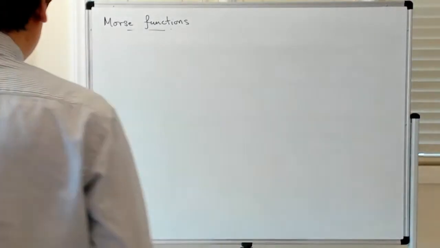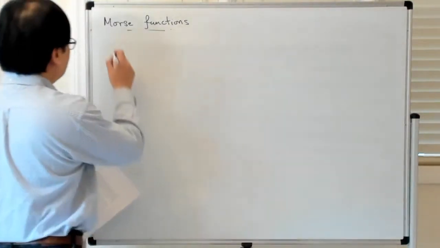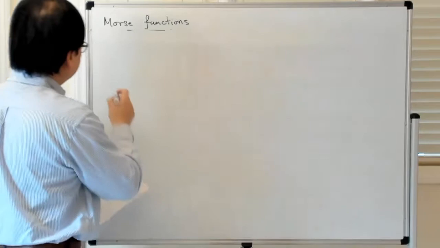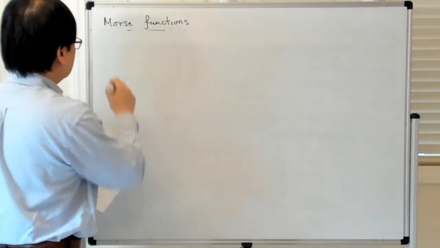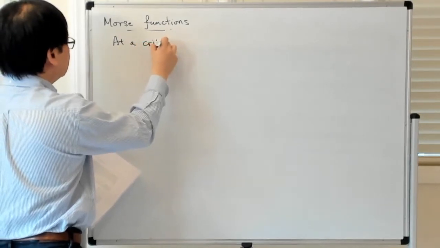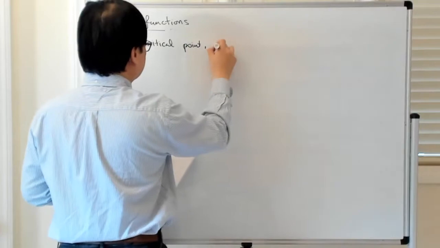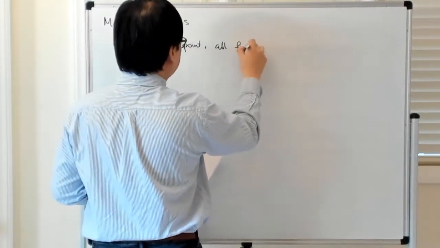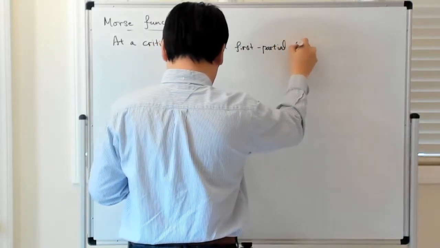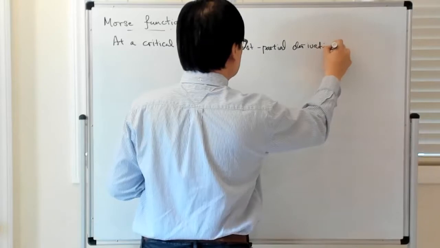All right, so now we're ready to say a little bit more about Morse functions. So we talked about this idea of critical points and non-degenerate points. So let's try to put all this together. Okay, so at a critical point, all first partial derivatives vanish.